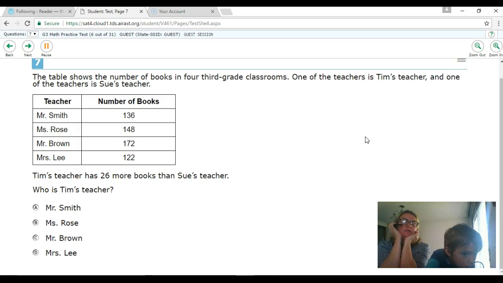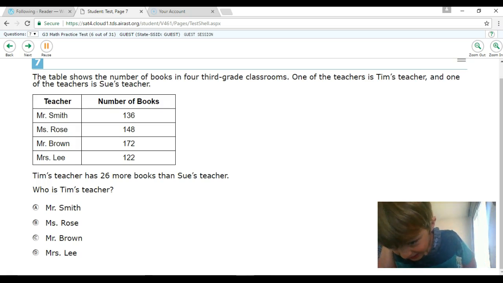None of them have 26 more than Mr. Smith? Yes. Okay, well then, who's the other teacher that doesn't have very many? The two highest are those two. Okay, so who doesn't have very many then? What about Mrs. Lee? Mrs. Lee has the least. Okay, so what if you add 26 to hers?